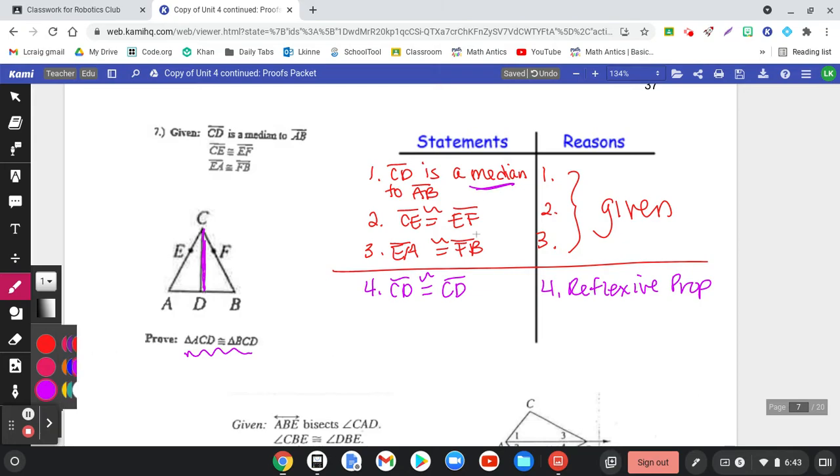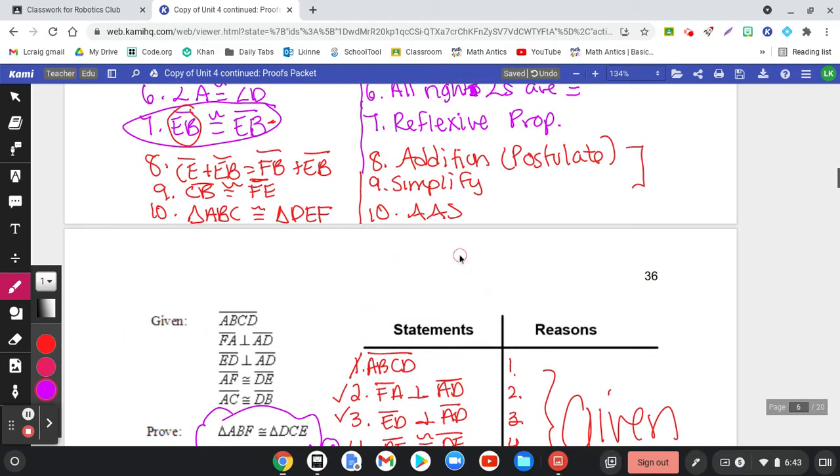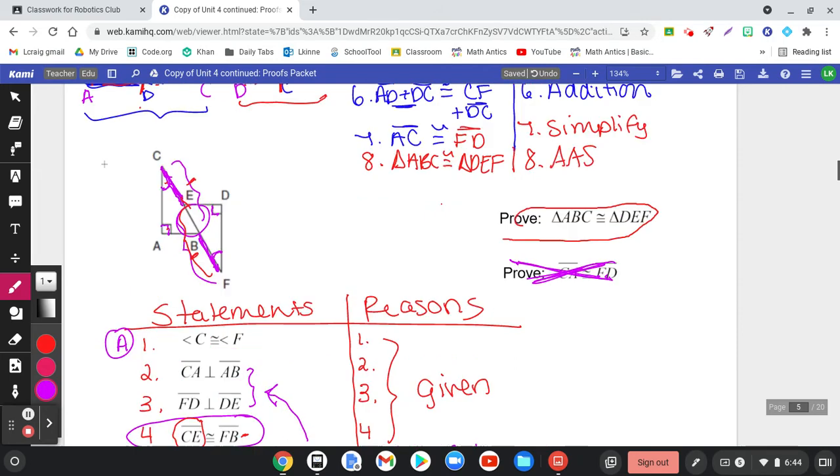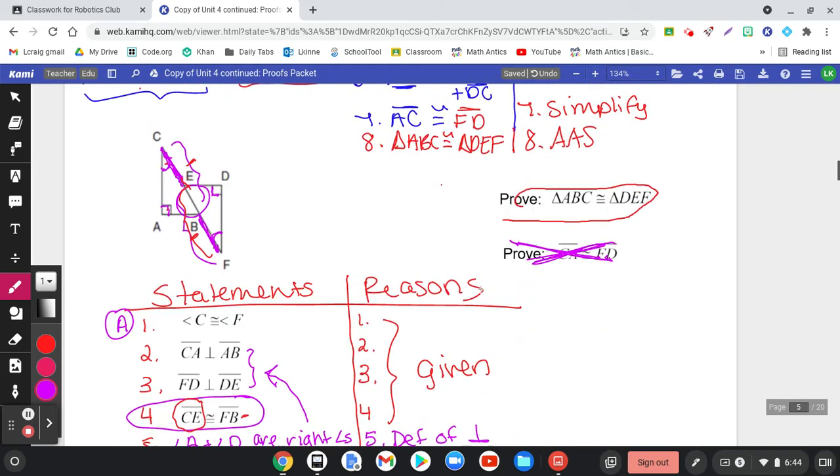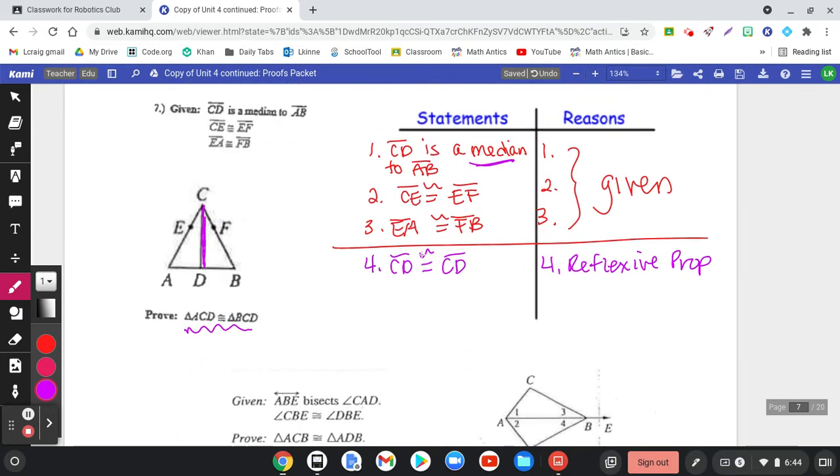Okay, if you look back on the first page of this packet, a median basically cuts the opposite side in half. So it's just like a segment bisector. So if CD is a median of AB, that means that it's breaking AB in half. So AD is congruent to BD. And that's definition of median.